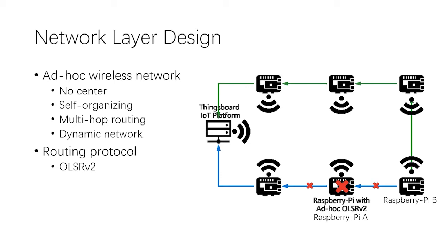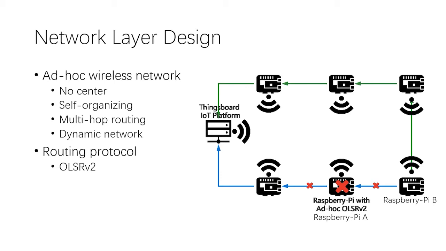So on the basis of ad hoc, we chose OLSR version 2 as our system routing protocol. It can build an auto-converging network. So let's take a look at this figure. It's our system topology.